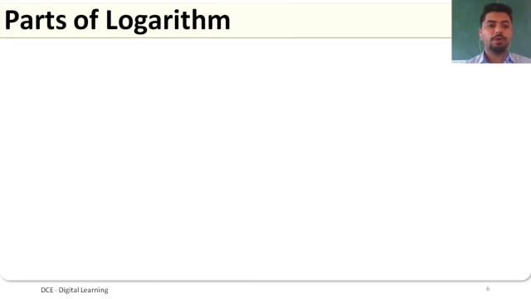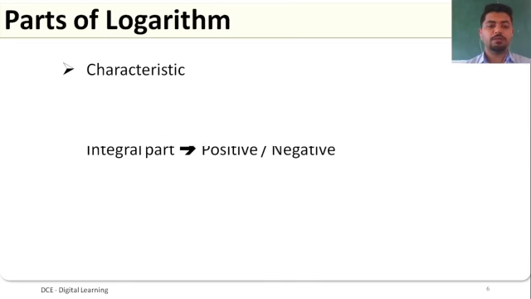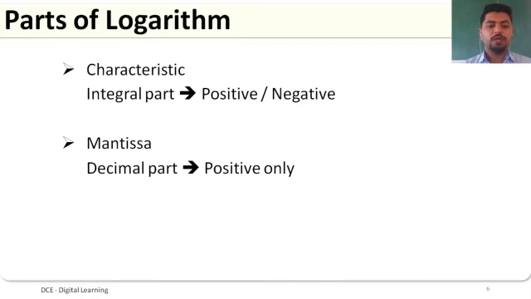Now moving forward, there are two parts of logarithm. First part is called characteristic. Characteristic is the integral part of a logarithm value and it may be positive or negative. The decimal part of a logarithm value is called mantissa and it would always be positive only.